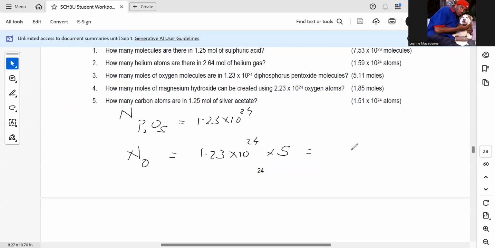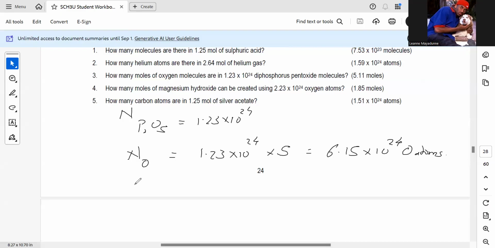6.15 times 10 to the power 24 oxygen atoms. Yes.